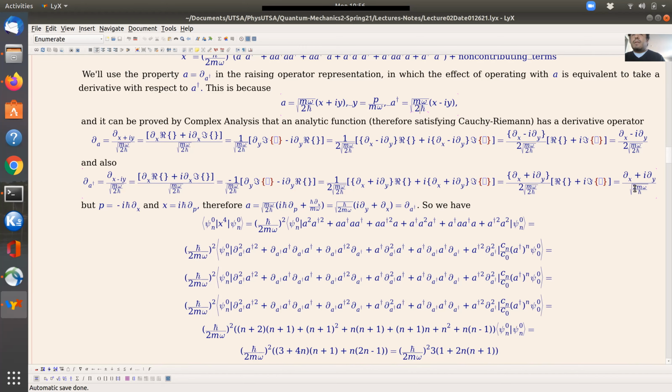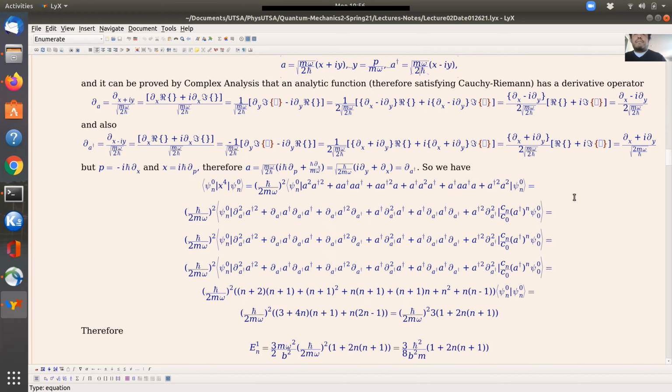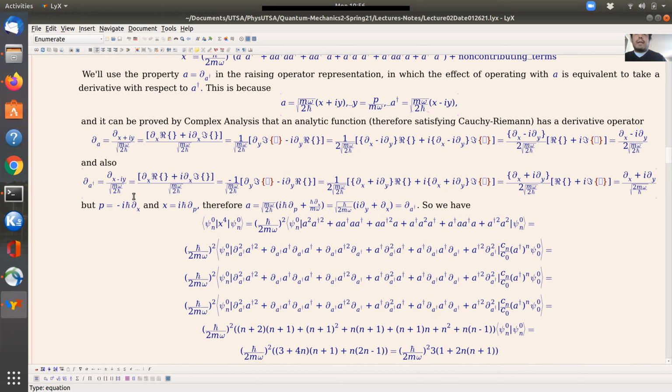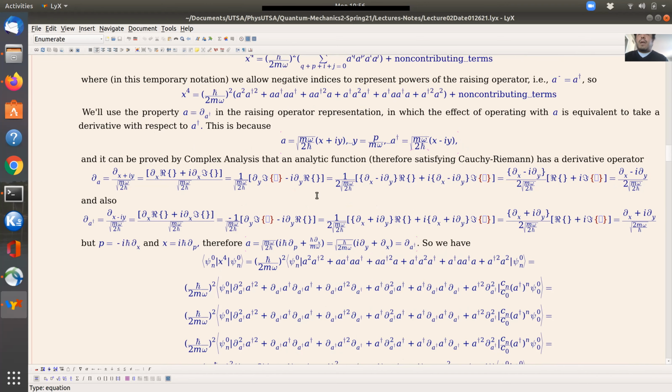divided by this factor. And now you know that P, in the position representation, is minus i h bar partial x, and x is equal to i h bar partial P. So A you can represent like this over here.